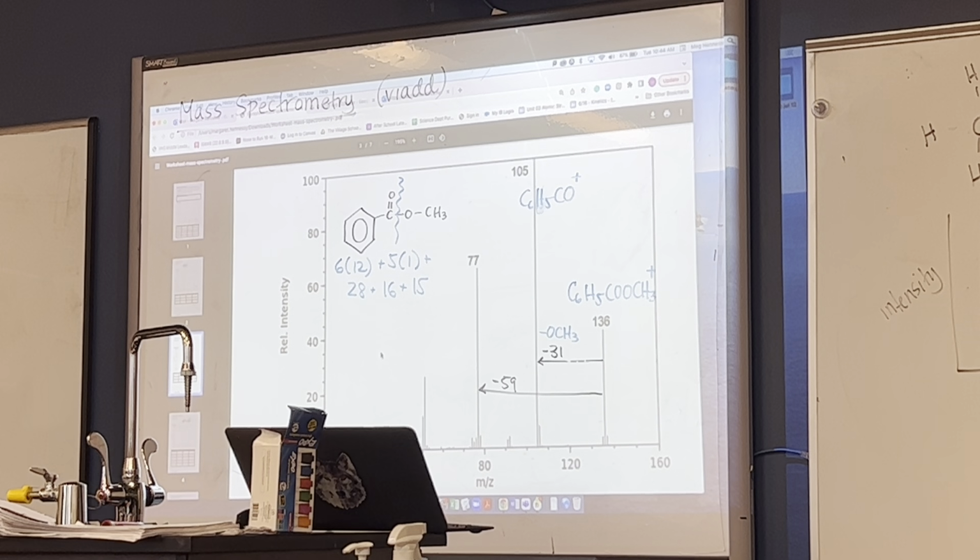And then Amarachi's seeing the 59 and she's trying to figure out how she can use the table to establish what that is. And it's gonna be hard, right? Because I don't see it in the table. You could see it in the molecule, or what you can do is think in terms of masses what makes sense. So what is the maximum number of carbons that we could have in 59?